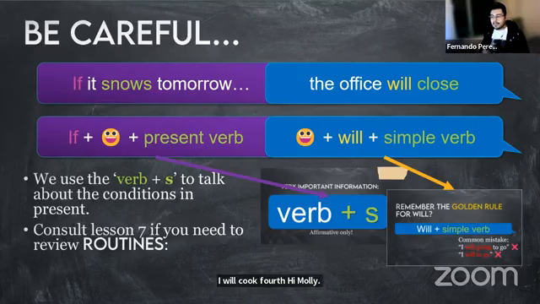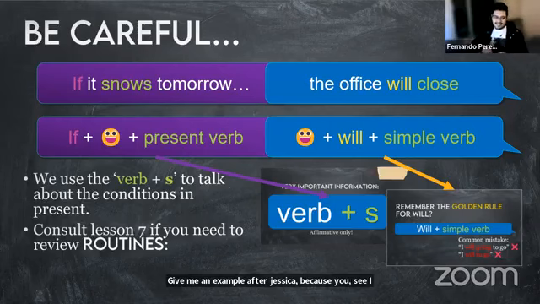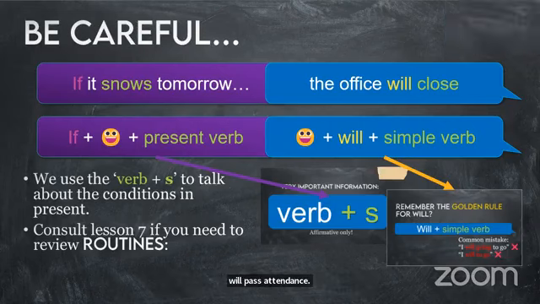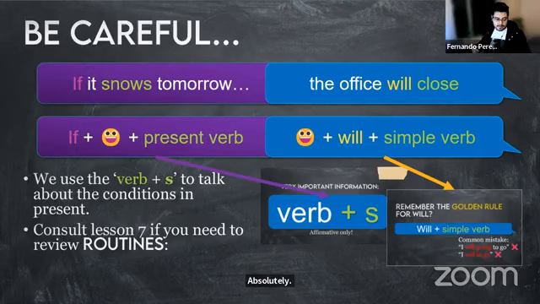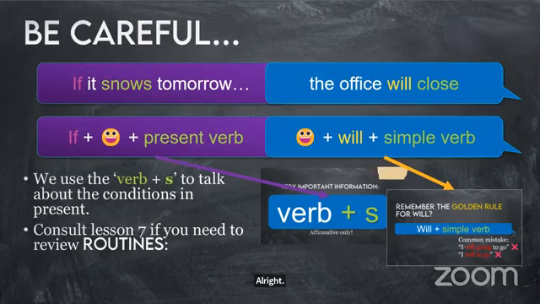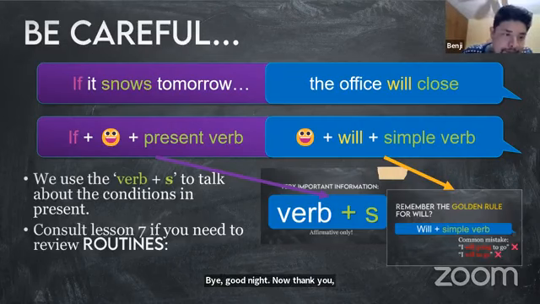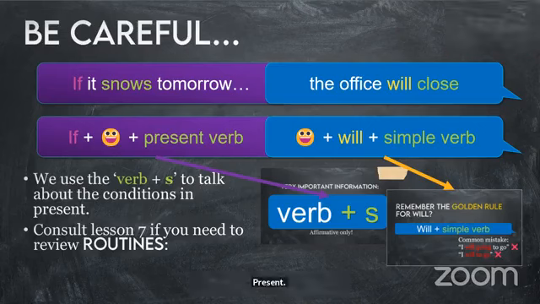Give me an example after Jessica, because Jessica will pass attendance. Hello. Good night. Who is here? Desi? Absent. All right. Hugo? Present. Good night. Lau? Present. Thank you. Benji? Present. Istri? Hello, good night.